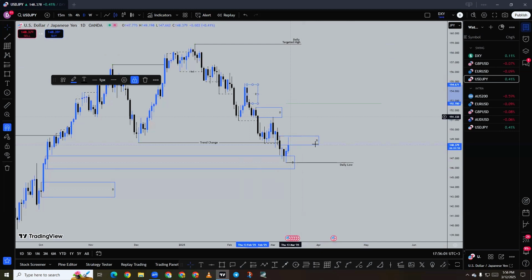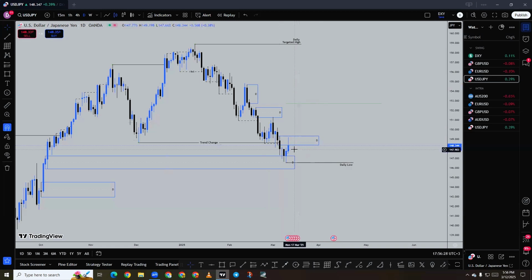And from there, we can continue to look for the sells. So right now, price is contained between this daily demand order block and this daily supply order block.